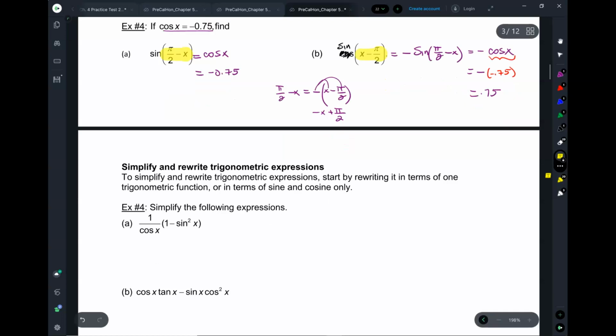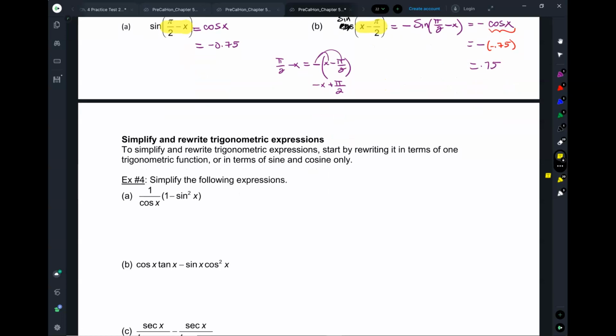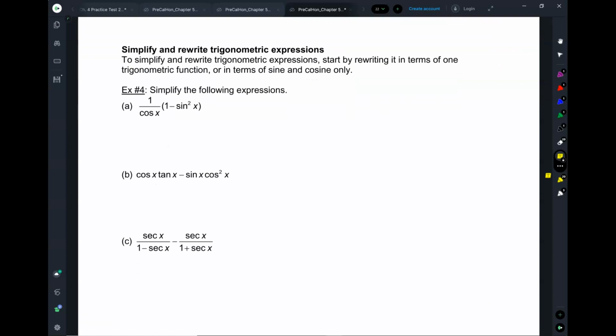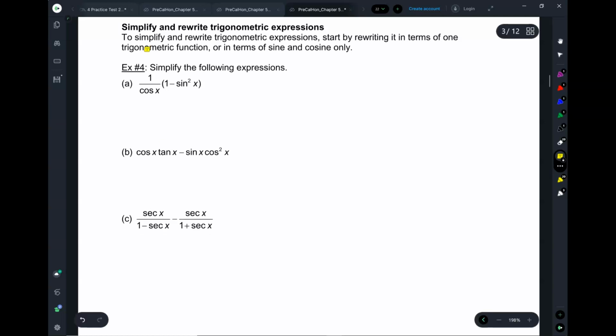So I'm going to give you what your answer should look like so you have an end goal, because sometimes students get confused about how simplified is simplified. So to simplify, first of all, start by rewriting it in terms of one.